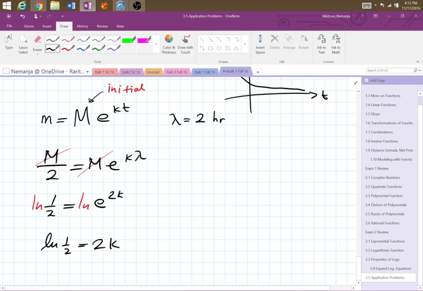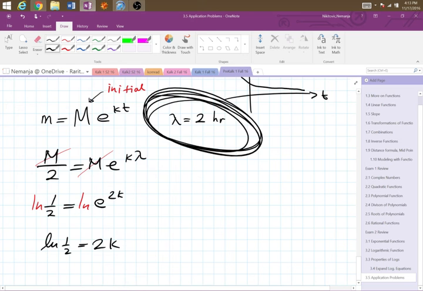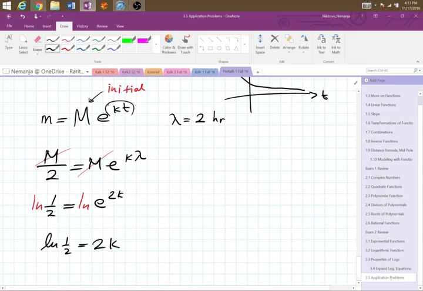What happens to the lambda? Lambda is 2. How is that possible? Well, it was the half-life. Then why would you put the lambda next to the k originally? Lambda is time. If you wanted it to show what we were plugging in. Okay, but then why does the ln stay with the half? You ln both sides.